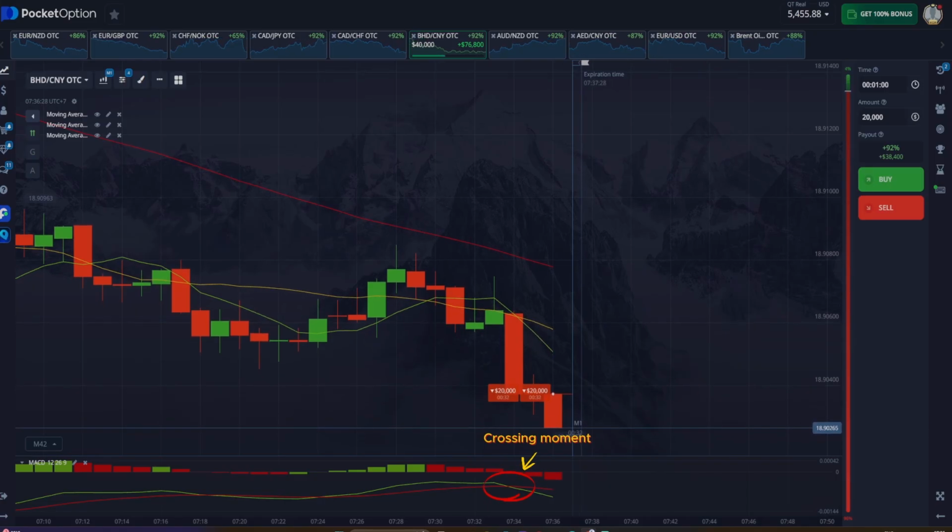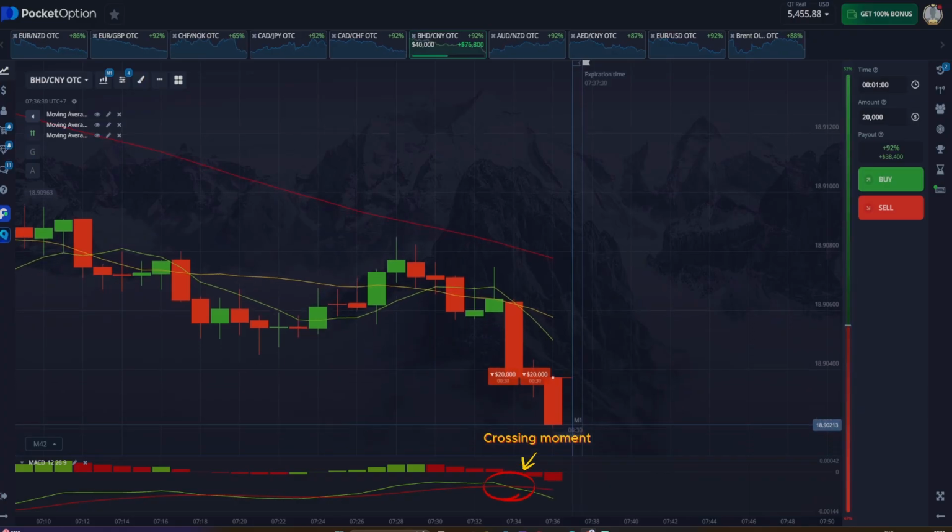This strengthens the analysis that bearish momentum is increasing and sellers are taking control of the market. The combination of a moving average crossover and confirmation from MACD creates one of the highest probability setups, making this sell entry very reliable. Now, let's see the outcome.